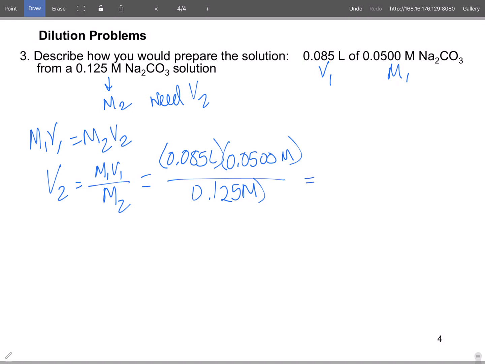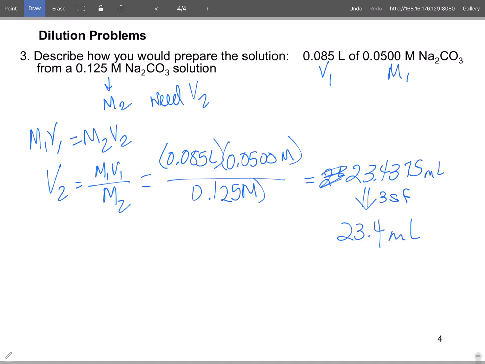Okay, we run the math and we get 23.4375 milliliters. 3 significant figures is 23.4 milliliters.